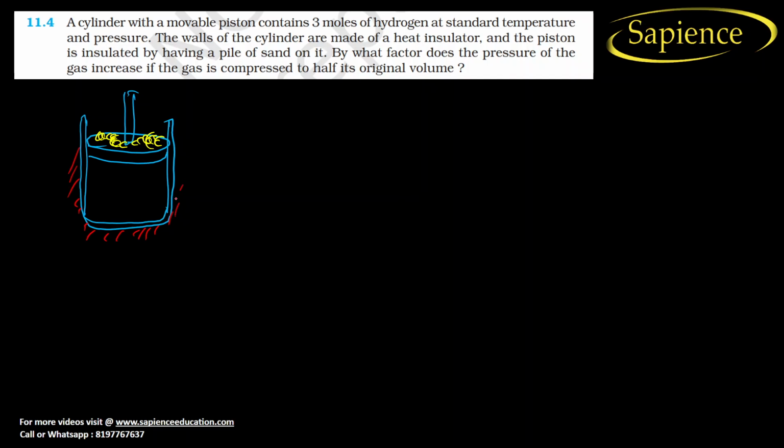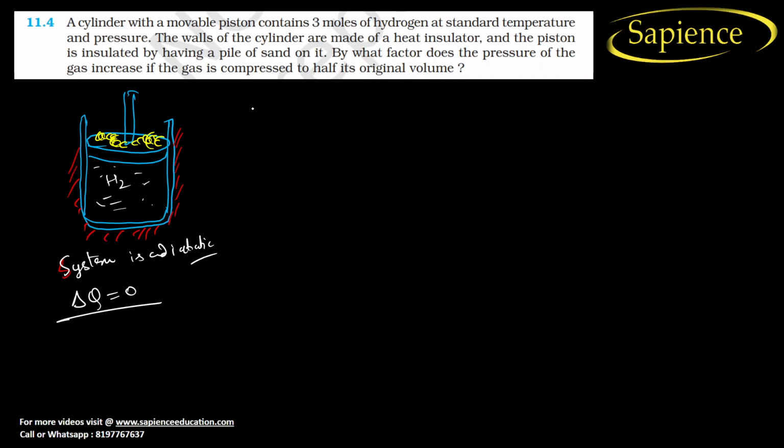So it means that no heat is going in or out, so the system is adiabatic. If the system is adiabatic, that means the change in heat is equal to 0. Now inside there is hydrogen, H2 gas molecules.